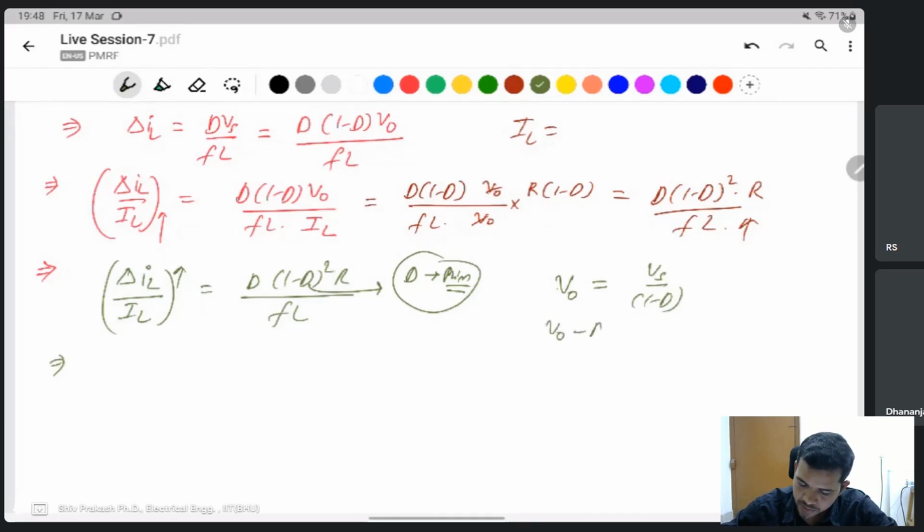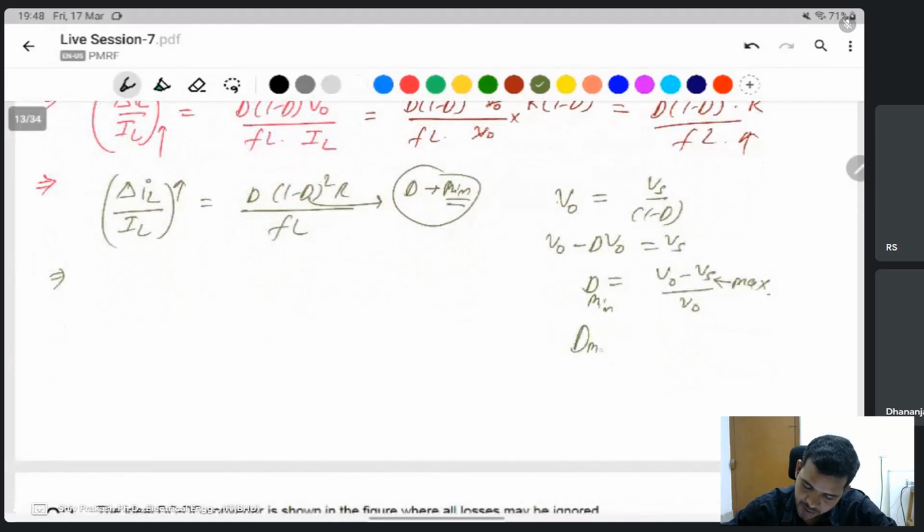V naught minus d V naught equal to Vs, then d is equal to V output minus Vs divided by V naught, and d minimum means Vs is a maximum.